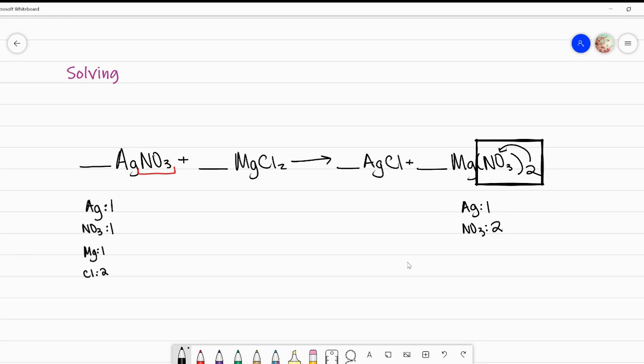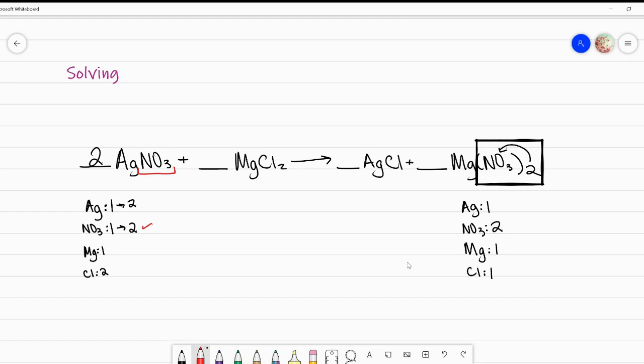So we have 2, magnesium 1, and chlorine 1. Okay, well, let's just start using basic math and start solving. So I see that we have an uneven number of molecules of nitrate. So we're just going to do some multiplication on the reactant side. Let's add a 2. So this becomes 2, this becomes 2.